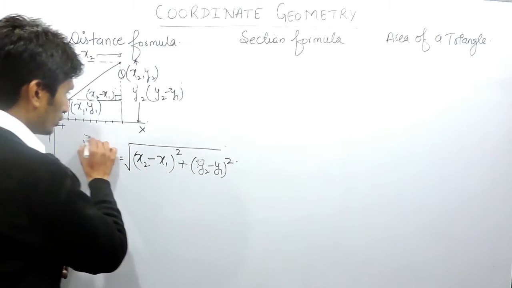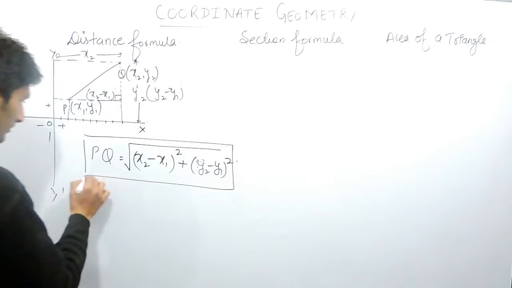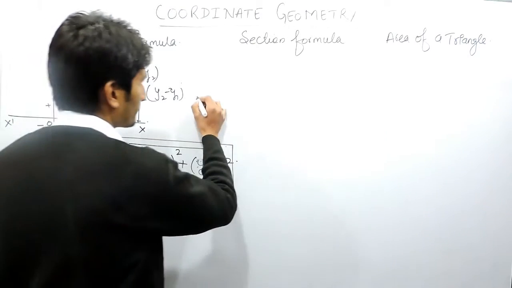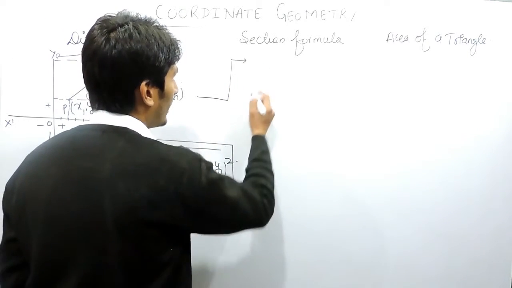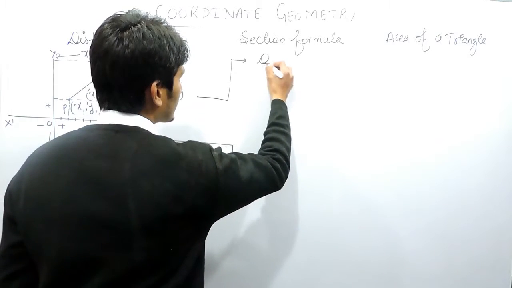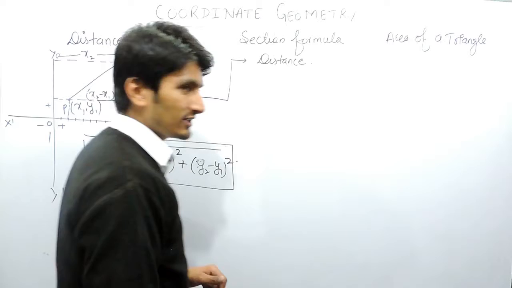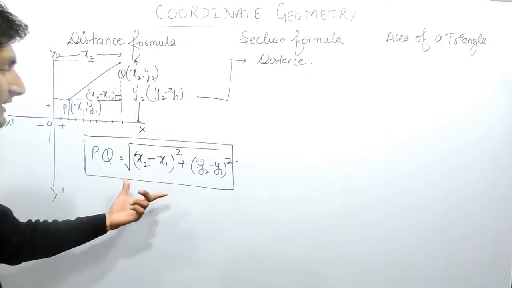Now, using this formula, many things can be asked in your exam. The first thing is that they will ask you to find the distance between 2 points, and for that you can directly use this formula.